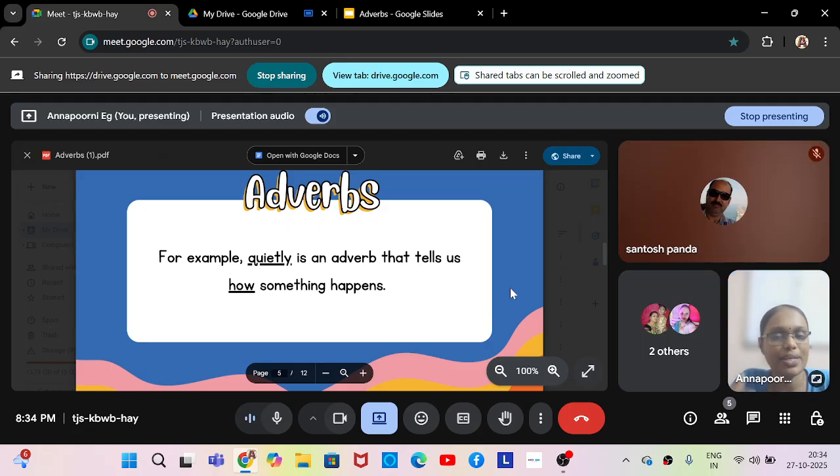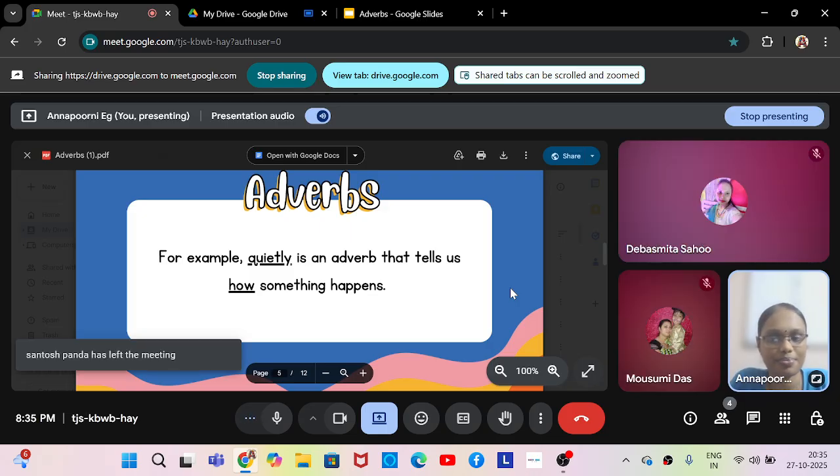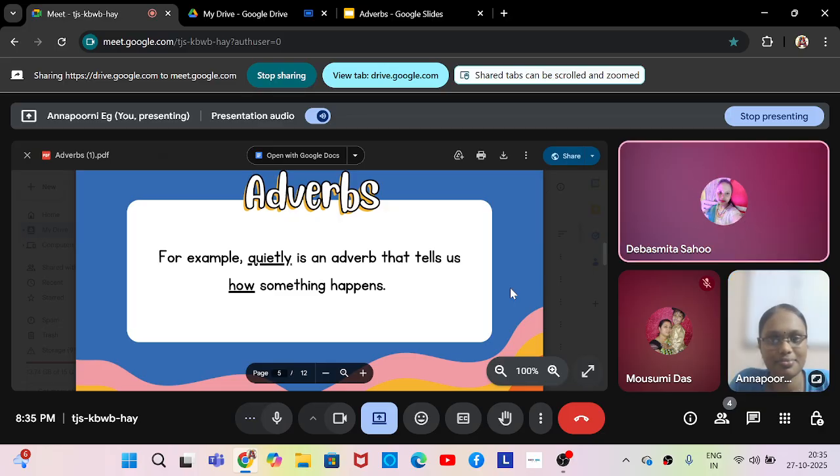Yes, ma'am. Okay, so I can give some other example. I said quietly, quickly. Similarly, think of an adjective, add ly to it, then you will get an adverb. Devasmita, can you try? Quietly.